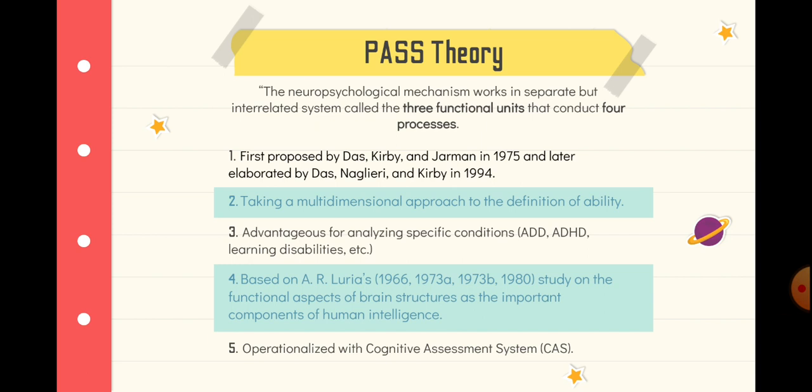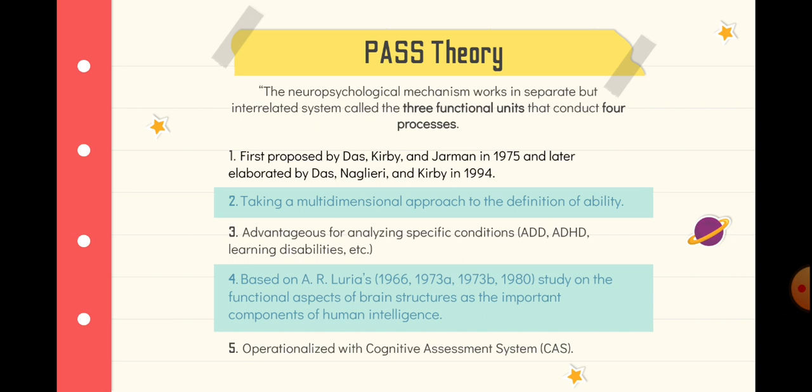It is mainly because it's exploring and focusing more on processes rather than the general ability, so we can discover a lot more through this method on specific cases like disabilities.